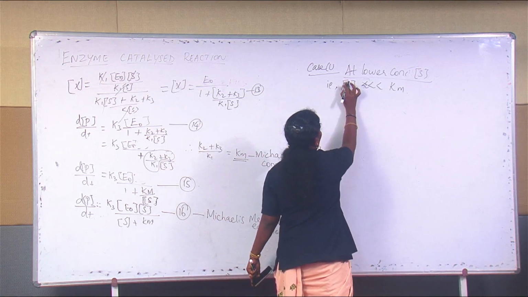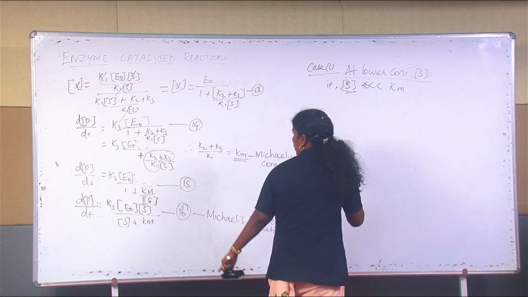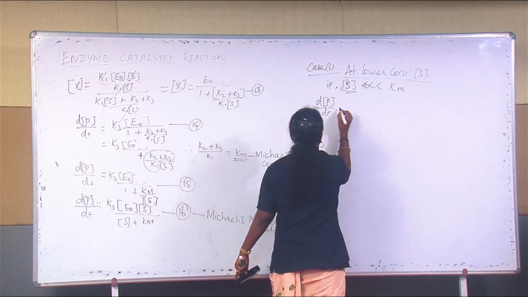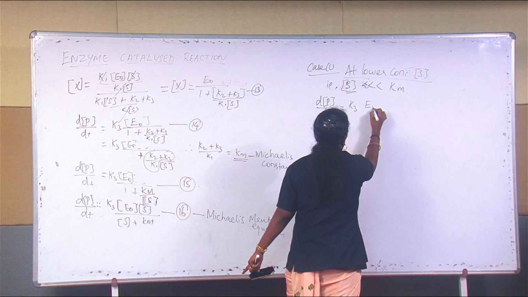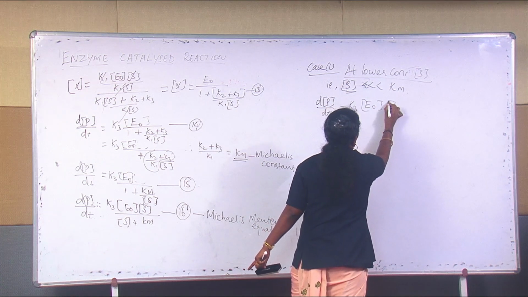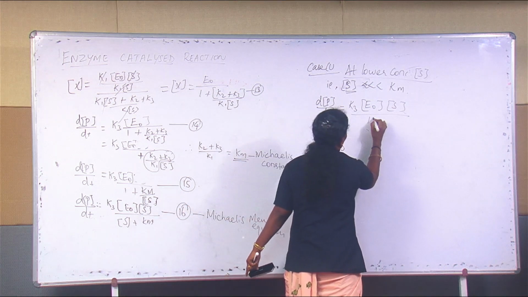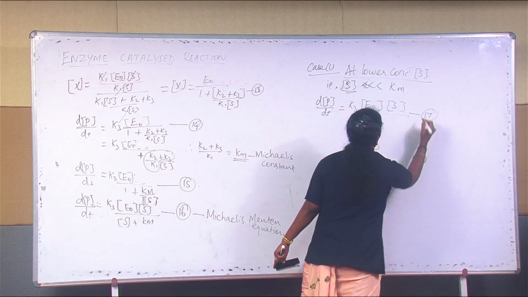So dP by dt equal to K3 E0 substrate divided by Km only. So this is equation number 17.